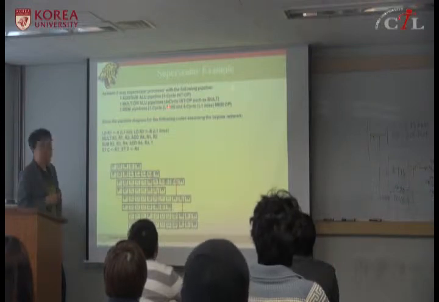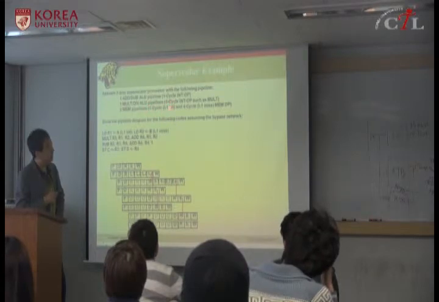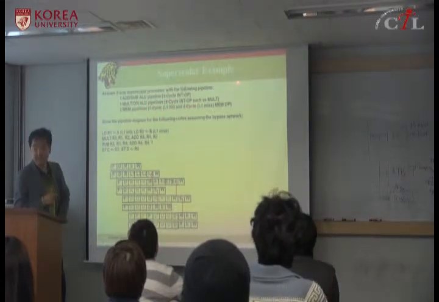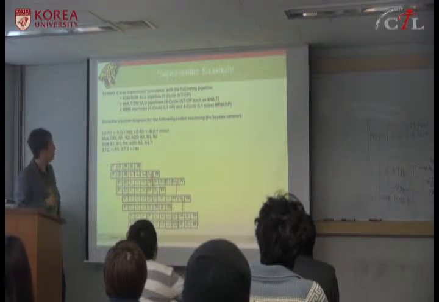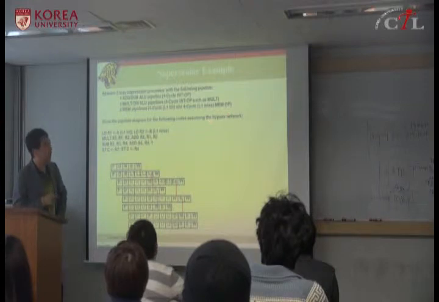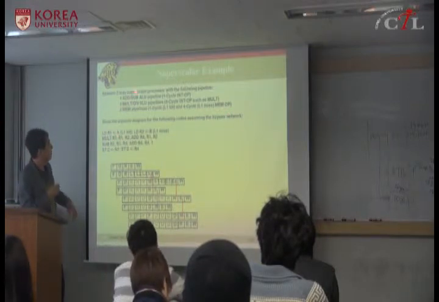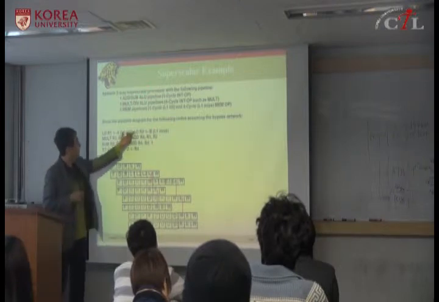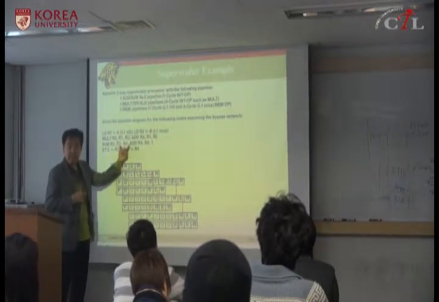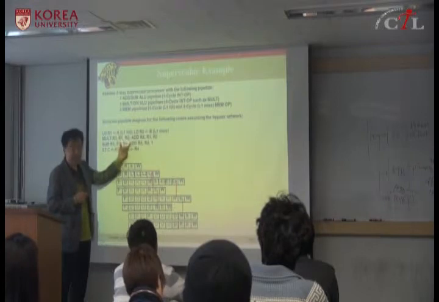And you have 2 levels of cache. If you hit the first level, it takes 1 cycle. If you miss, it takes 4 cycles, because you have to go to second level cache. Okay? And show the pipeline diagram for the following code, assuming full bypass network. Okay? And because this is 2-way superscalar, you can actually fetch and execute 2 instructions at a time.